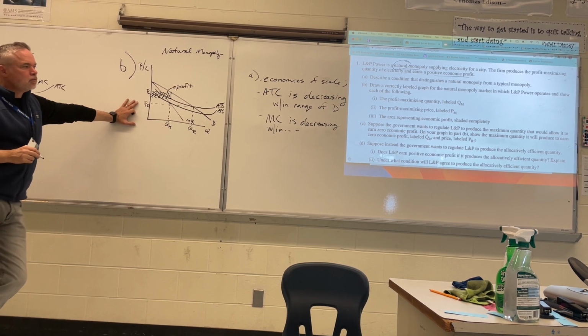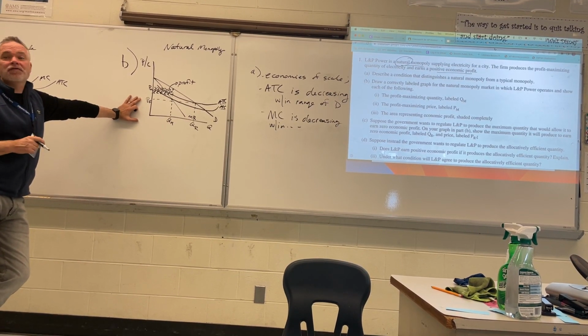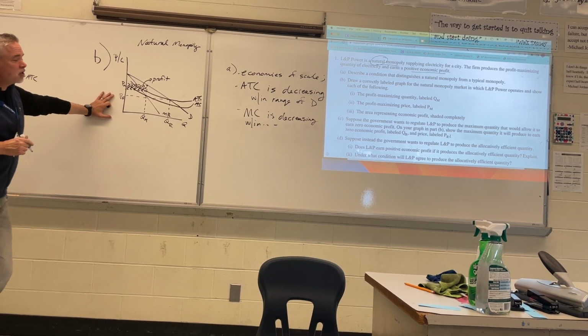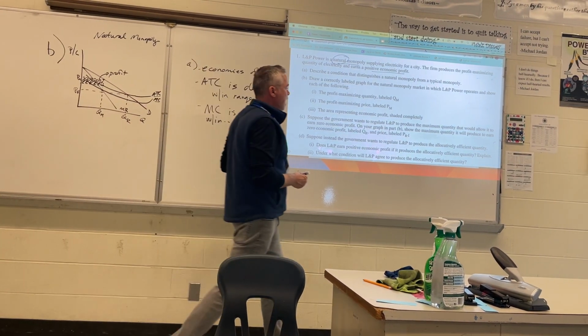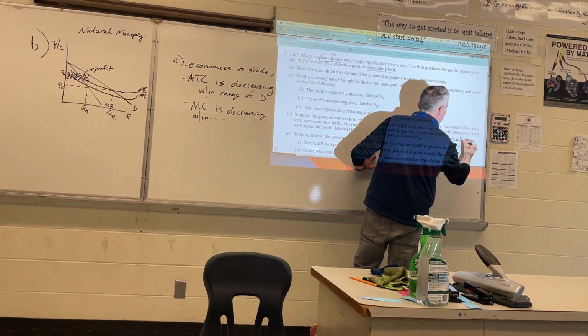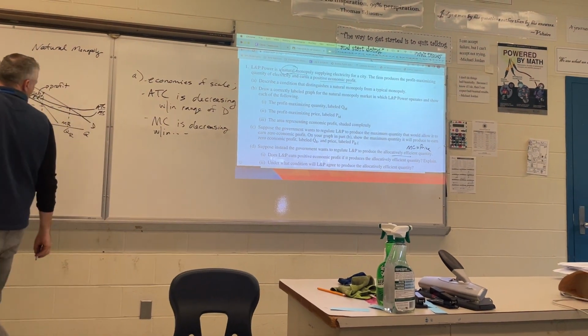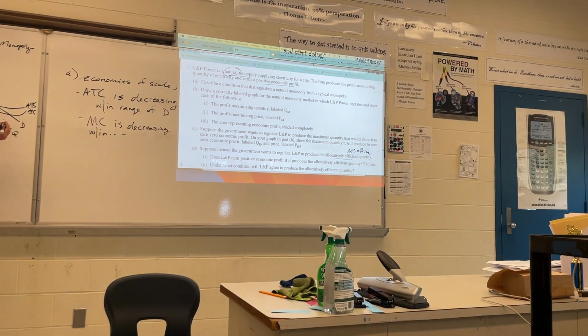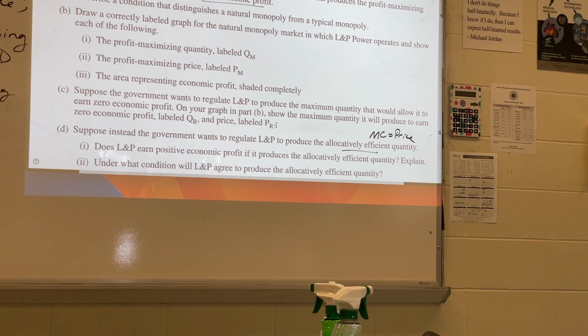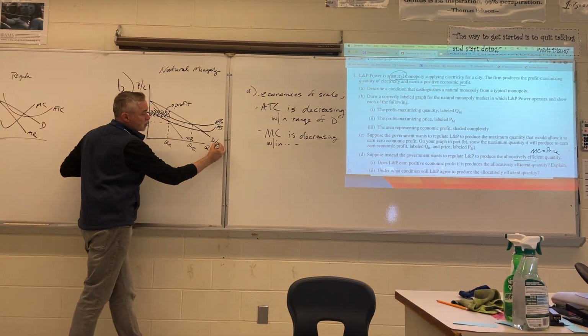D, the government wants to regulate to produce the allocatively efficient quantity. Allocatively efficient is going to be different. Allocatively efficient is where marginal cost equals price. So on our graph, marginal cost equals price right here, where it intersects with demand. Remember, demand is price.